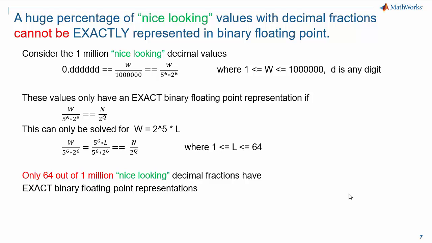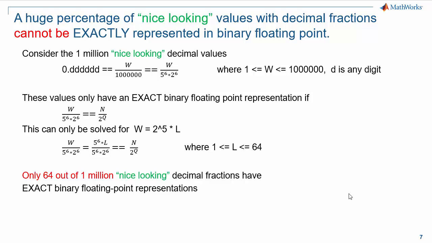We've set this equation up so that we can have 1 million nice looking decimal values, basically any 6 digits to the right of the decimal point, which is the same as the integer w, where w can be anything from 1 to 1,000,000, and we divide that by 1,000,000.